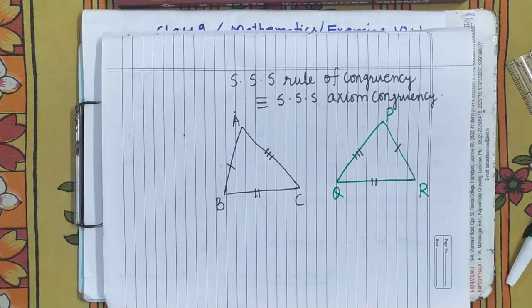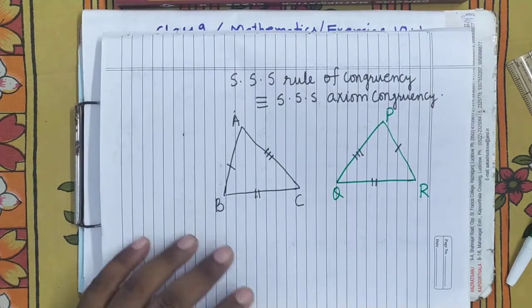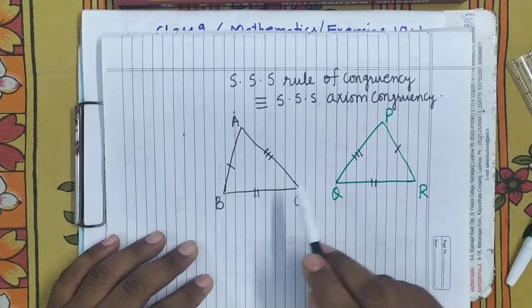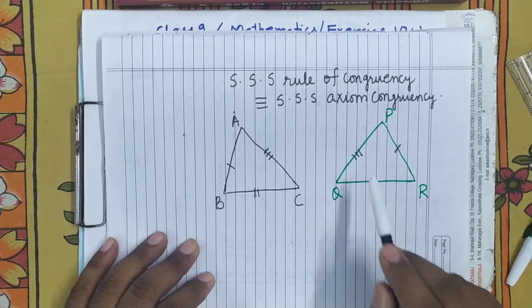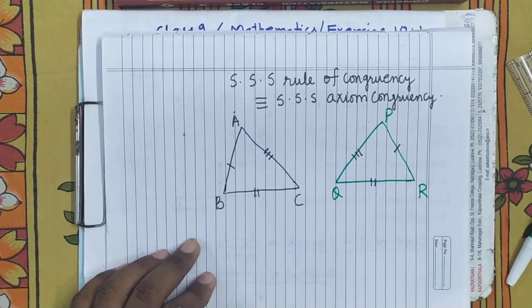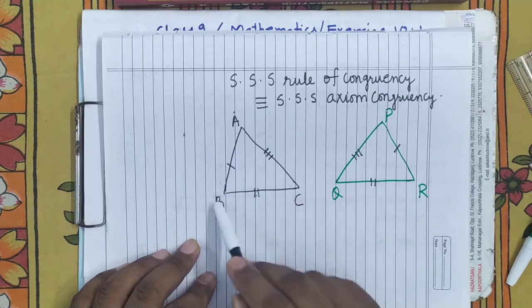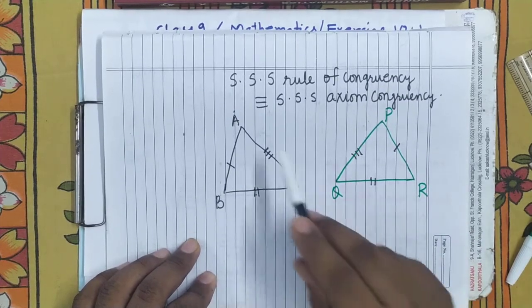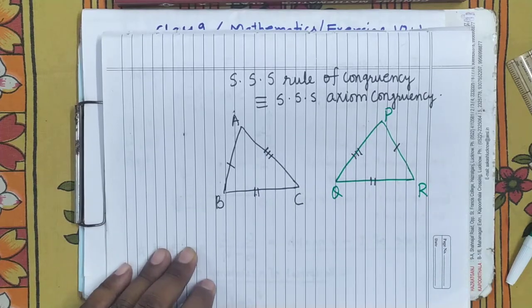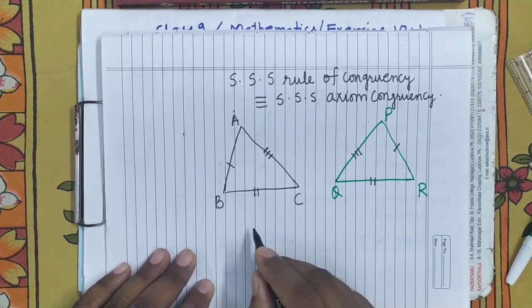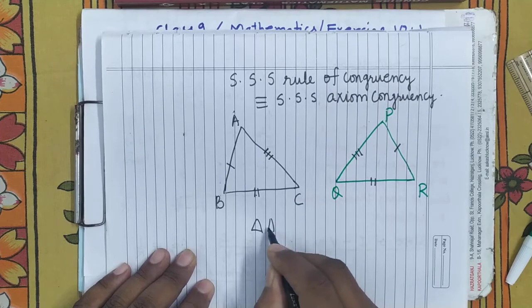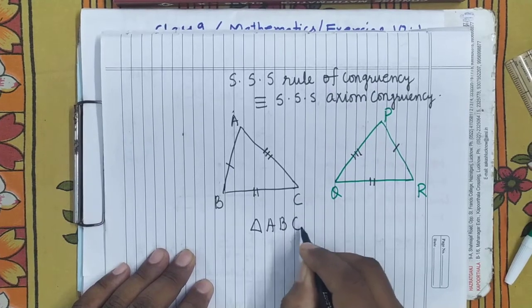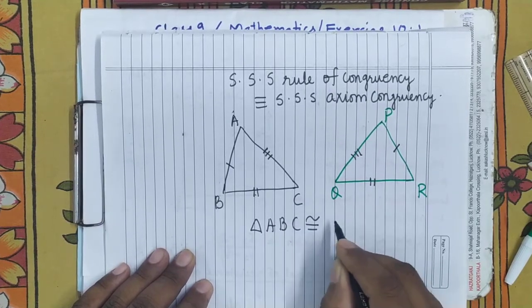So, in the SSS rule of congruency, sides of one triangle are equal to the sides of the other triangle each to each. Therefore, triangle ABC will be congruent to triangle PQR.